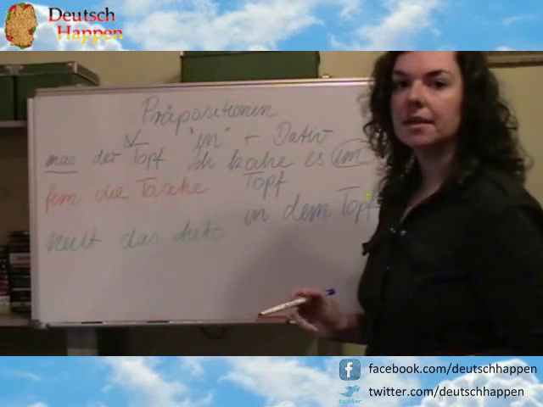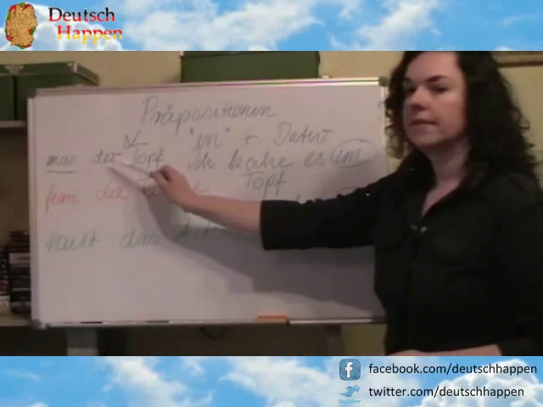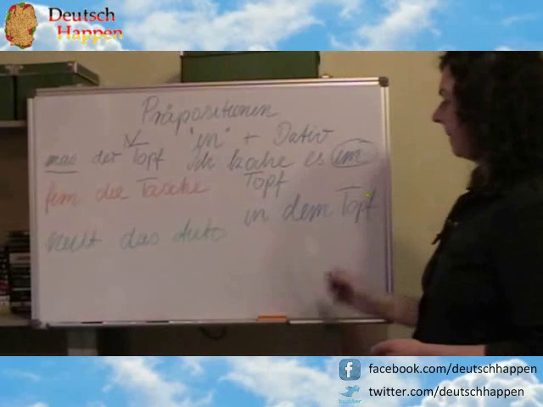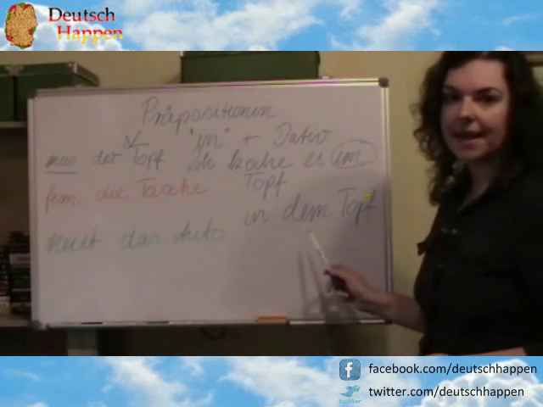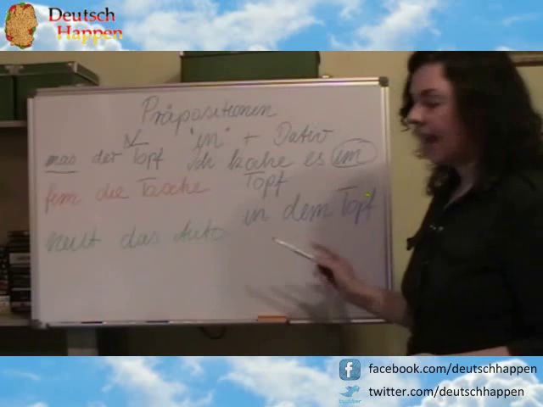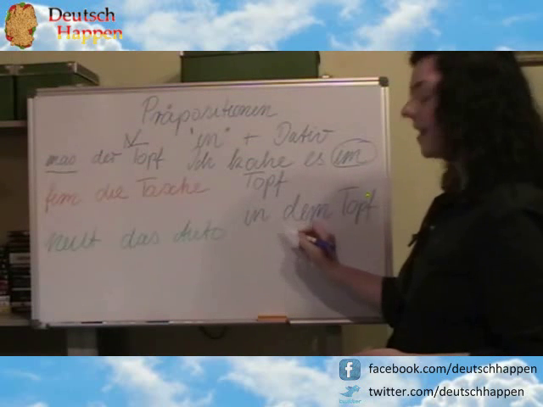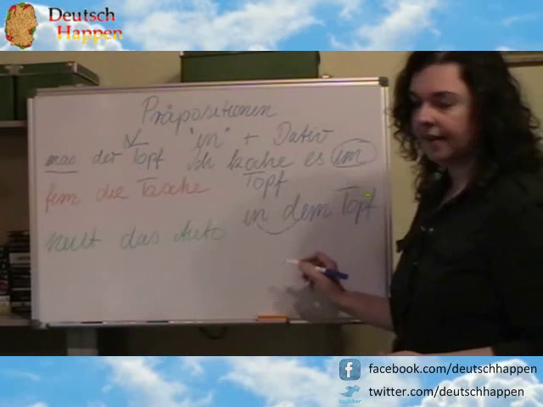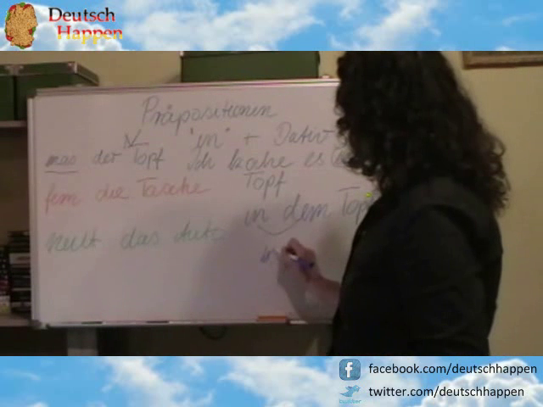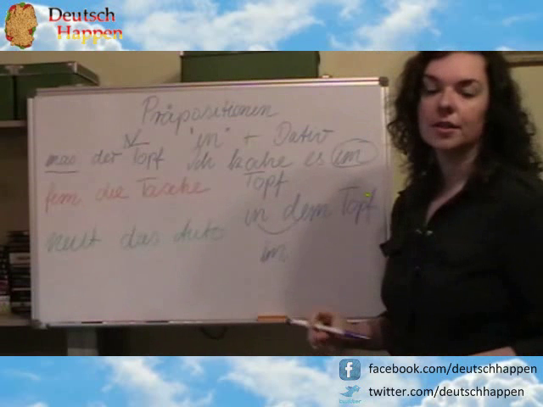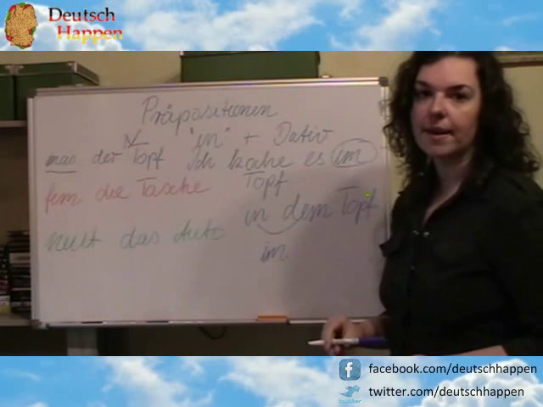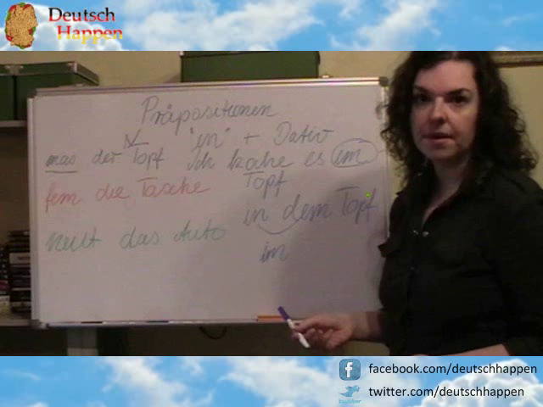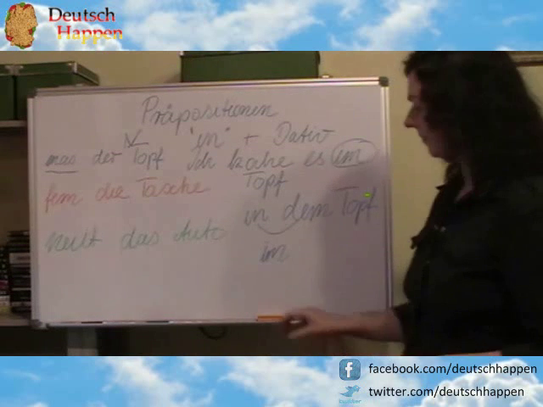In dem Topf. So you see my original der becomes dem in my dative sentence. And you have the in dem, and we make a contraction in German, and we put it together to im. That's why you have im, in dem is also correct.